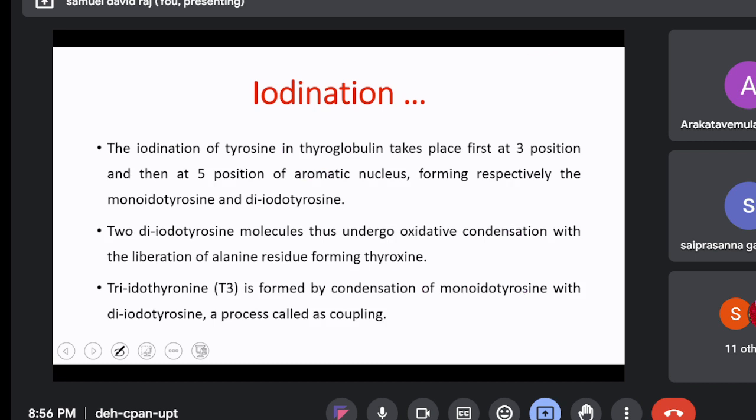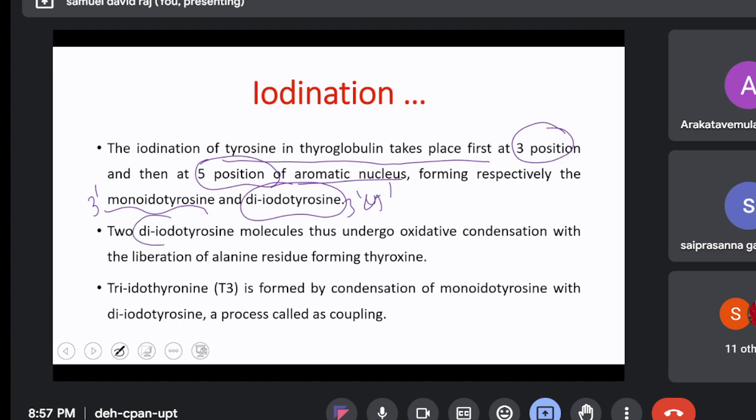The iodination of tyrosine in thyroglobulin takes place at the 3 position, followed by the 5 position of the carbon of the aromatic nucleus. When iodine is added at the third position, it forms monoiodotyrosine, and when both the third and fifth positions are added, it is called diiodotyrosine.